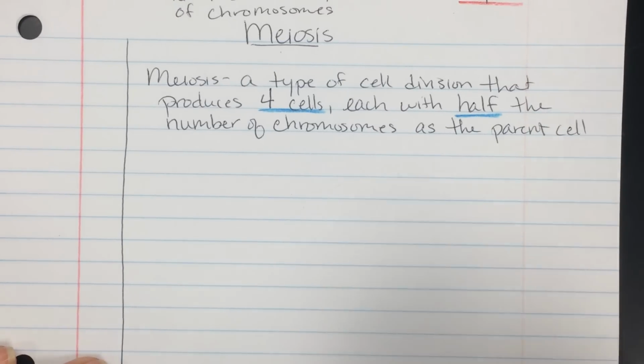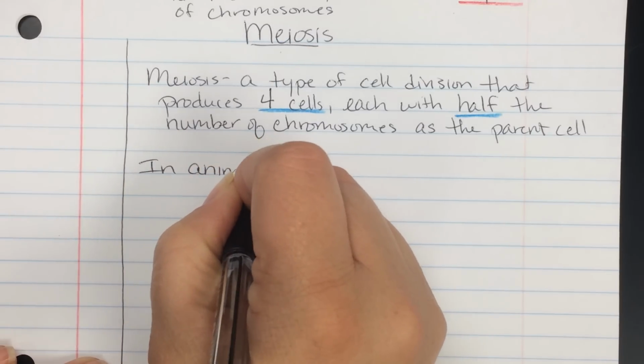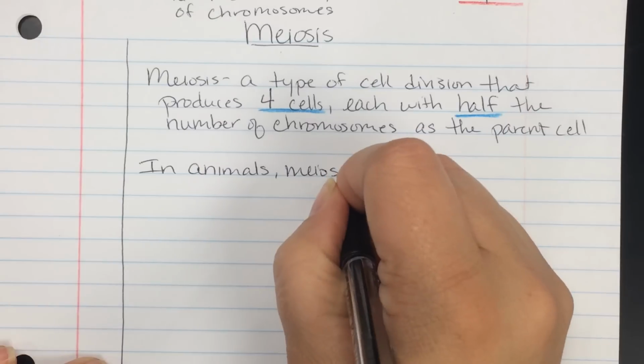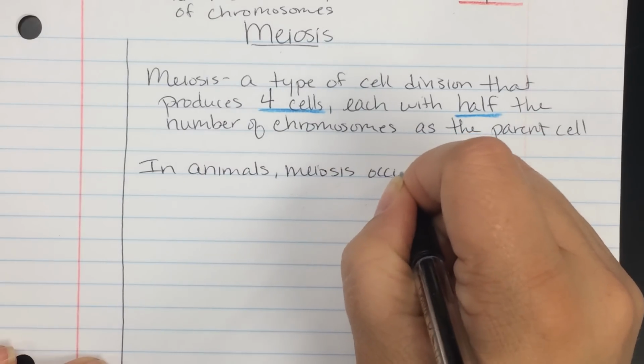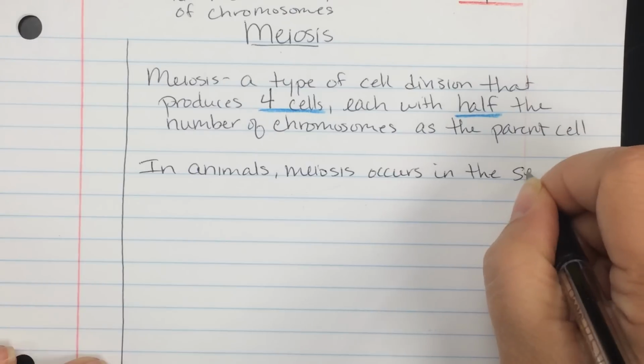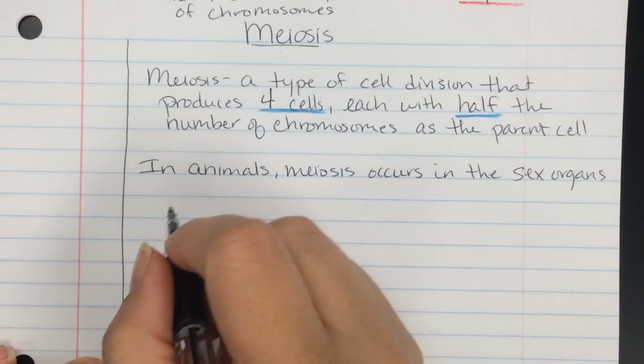So what makes meiosis so special? Well, in animals, meiosis occurs in the sex organs. This is the only place that we see this taking place.